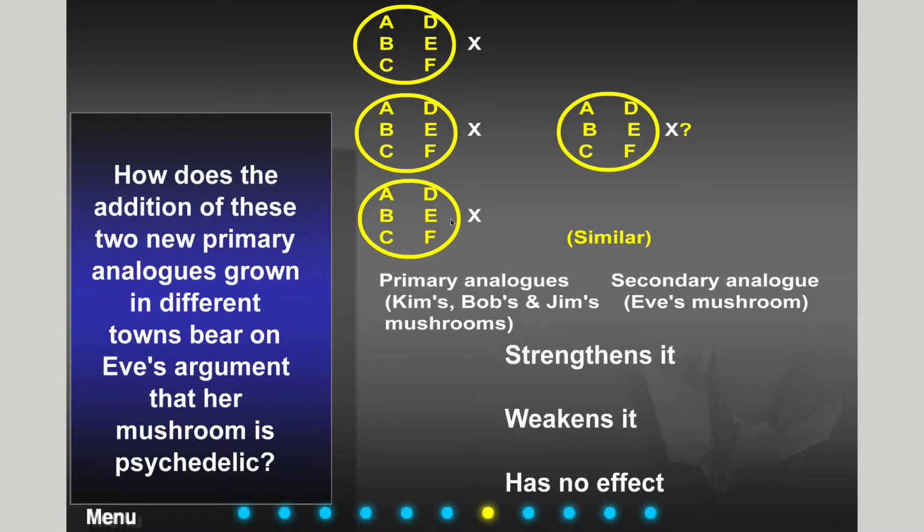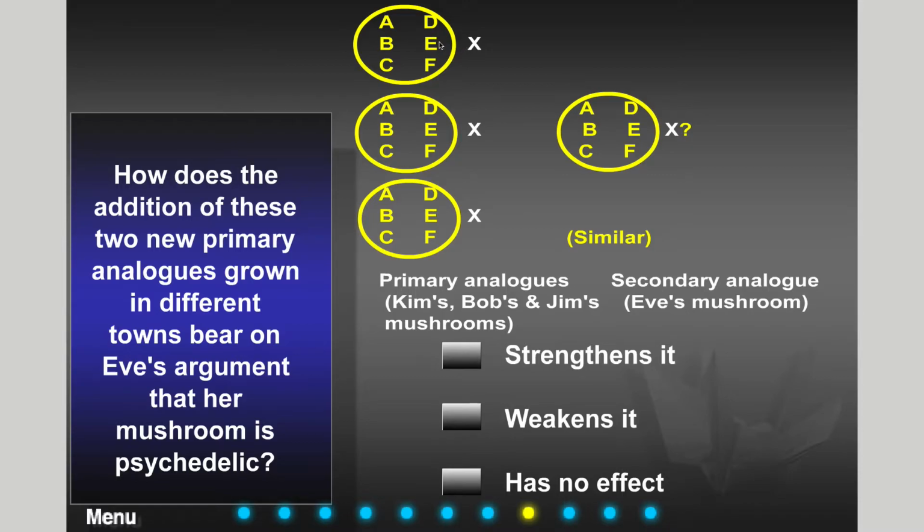Again, it strengthens it because they're from different places in town, not just from the same garden. One could imagine that something in the soil at Kim's place might be the reason for the psychedelic effect, right? Just imagine you know nothing about mushrooms other than their shape, generally.